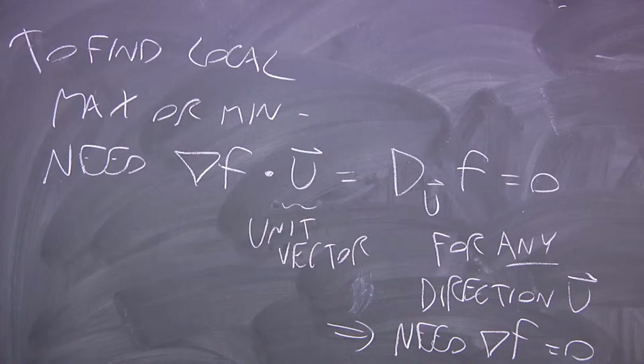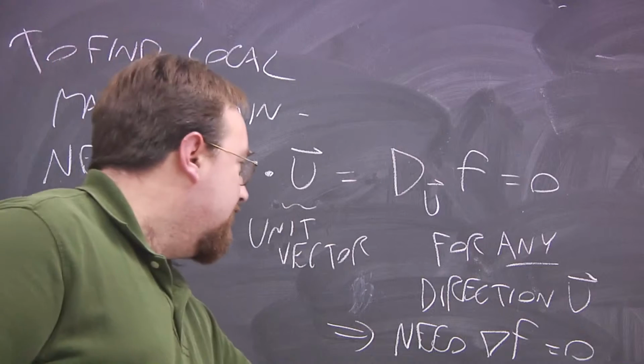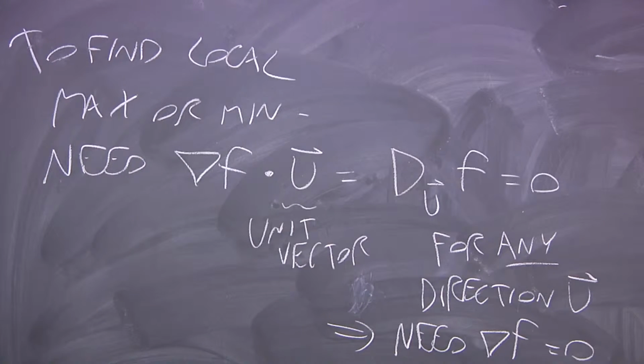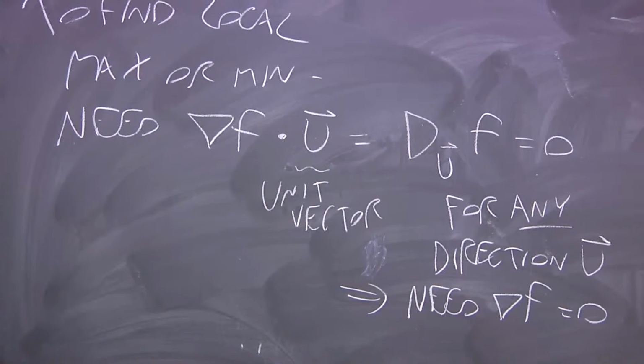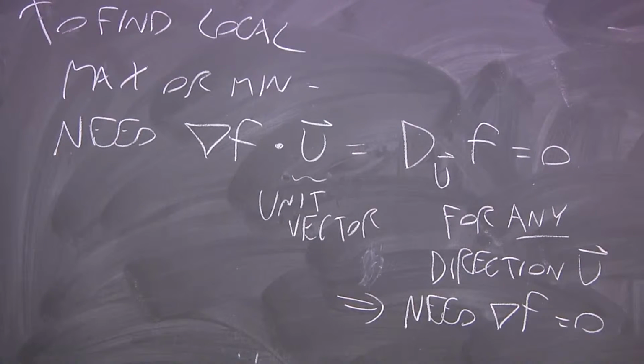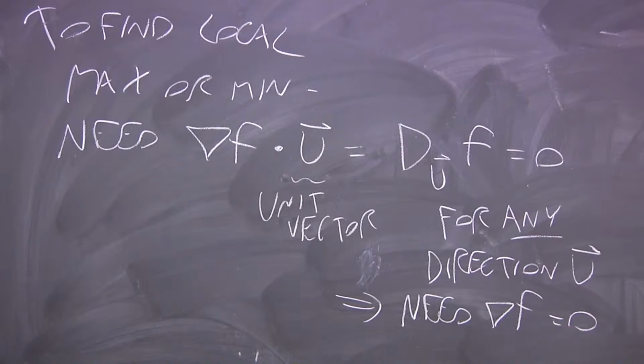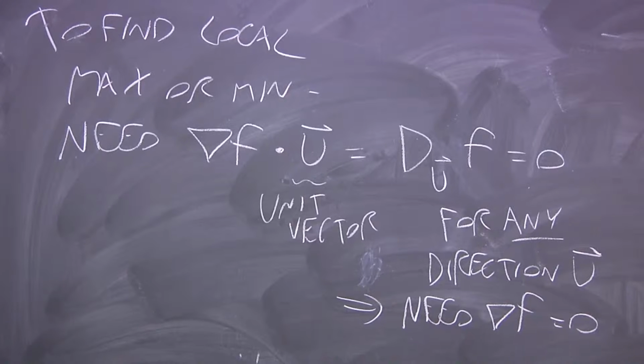That's the only way to get that guarantee. Because in order to make sure that we have a nice horizontal tangent, for any curve that passes through a point where there's a minimum or a maximum.